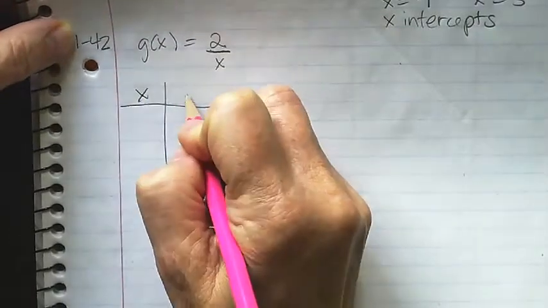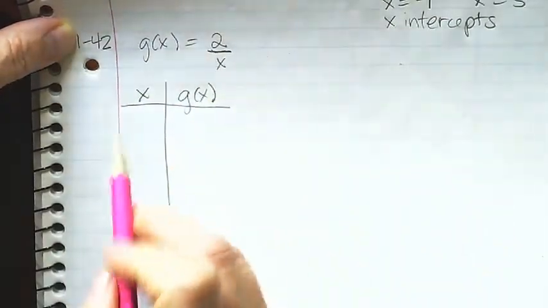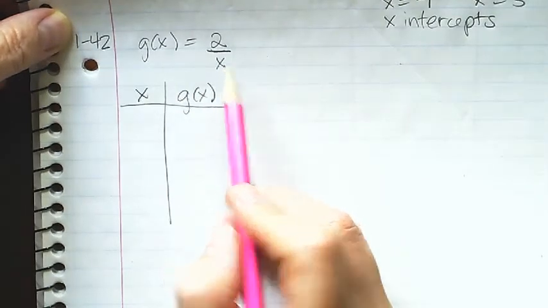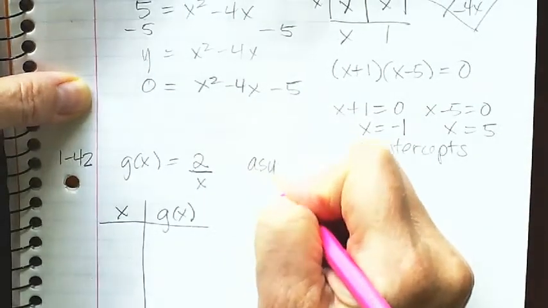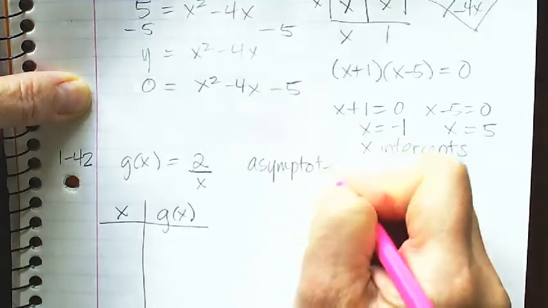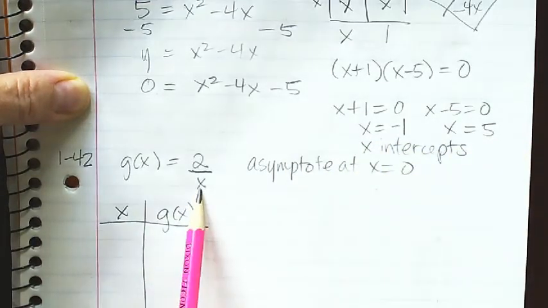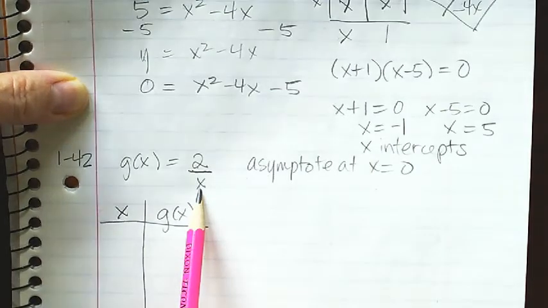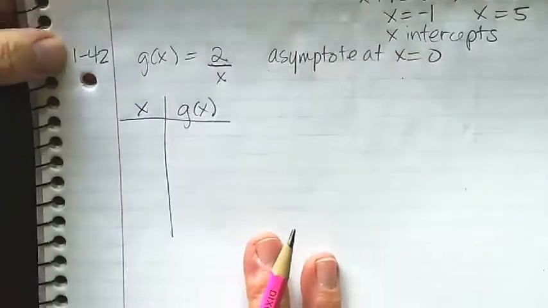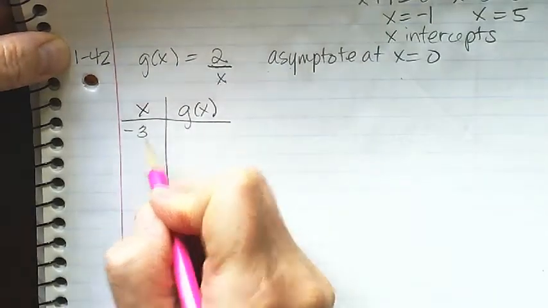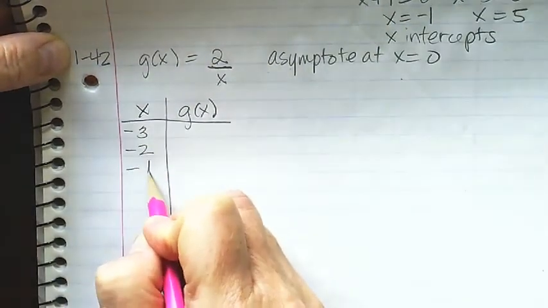And I know there's going to be an asymptote at x equals 0 because 2 divided by 0 is undefined. So I'm going to pick some values that are maybe like negative 3, negative 2, negative 1.